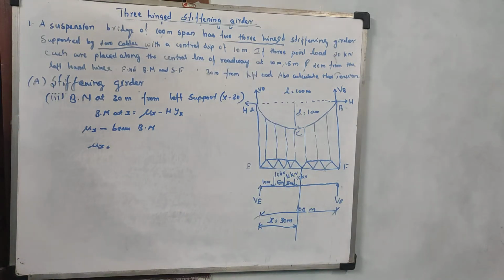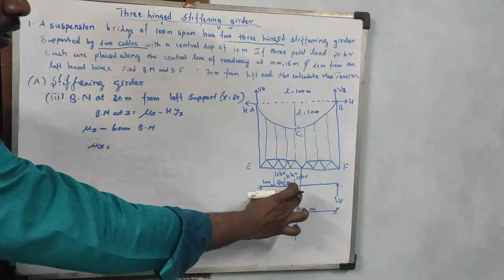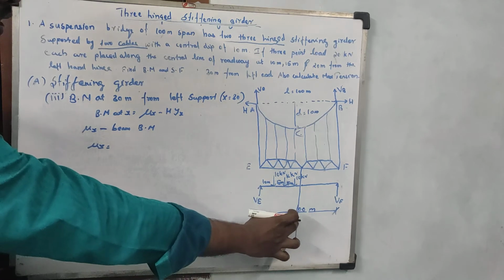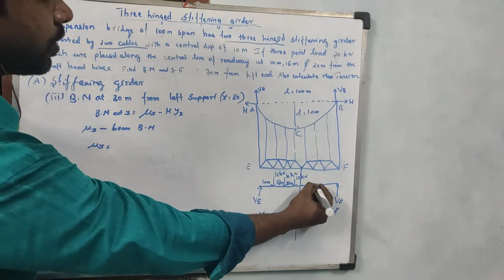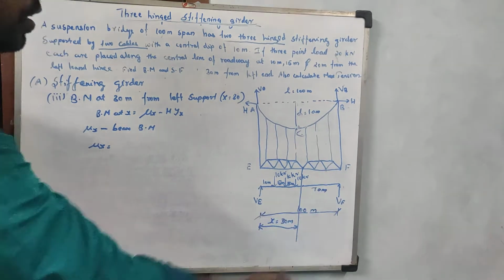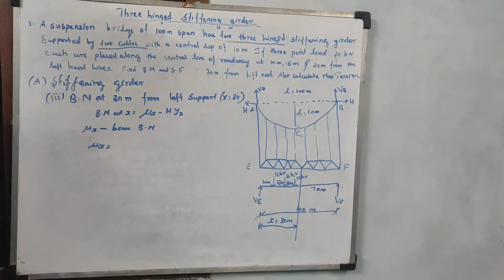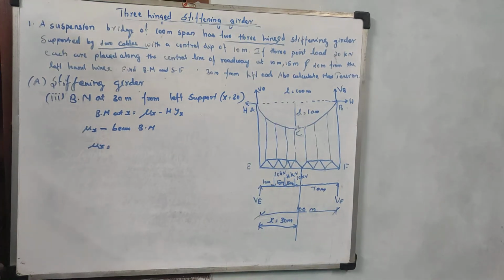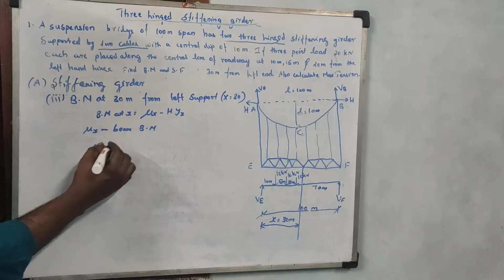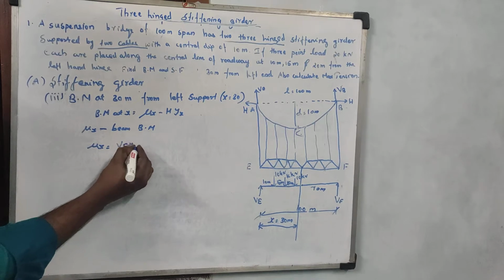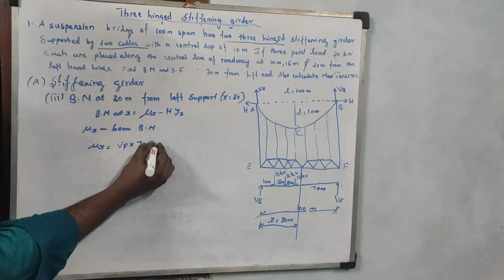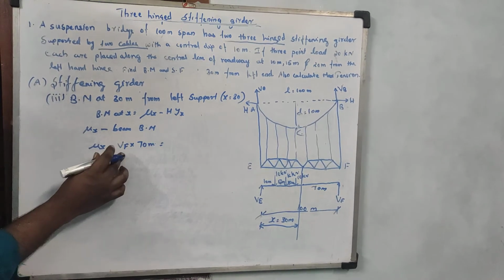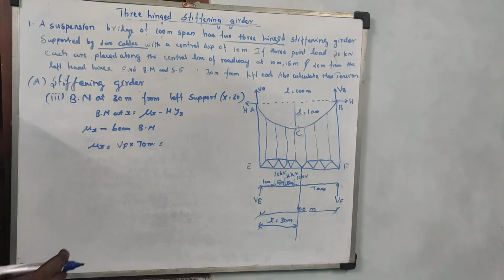This length is 30, so this length is 70 meter. So we can consider the right side. Moment at this point equal to VF into 70 meter, and we know that VF equal to 4.5.